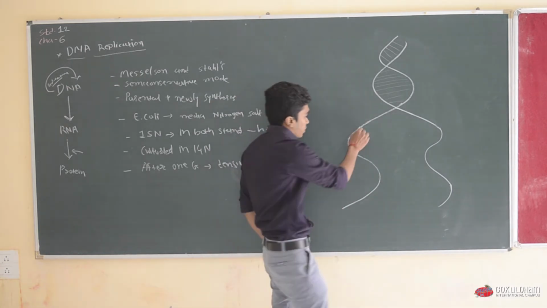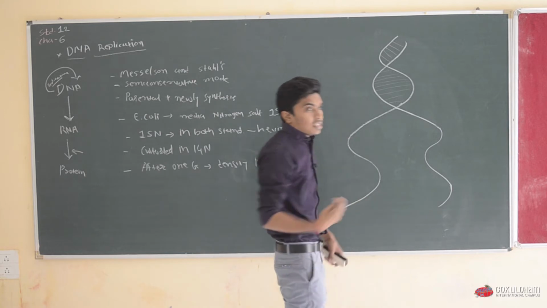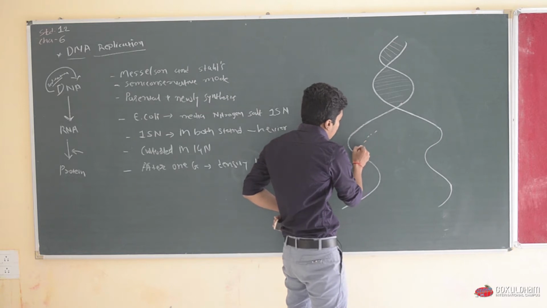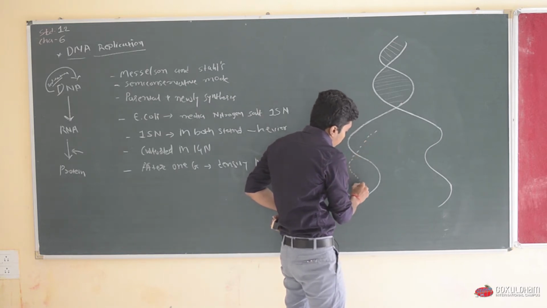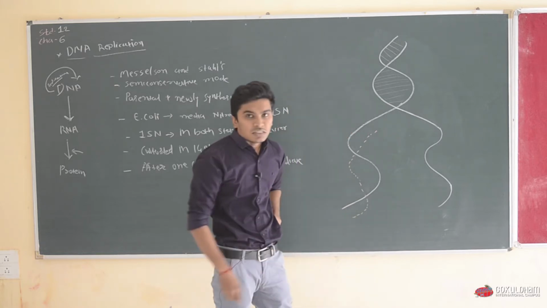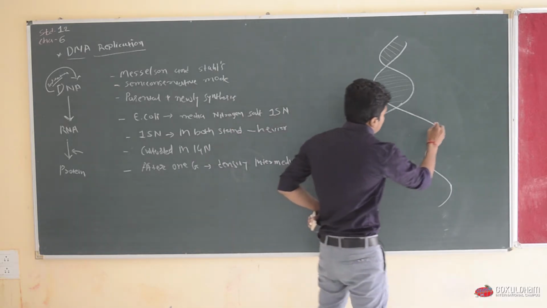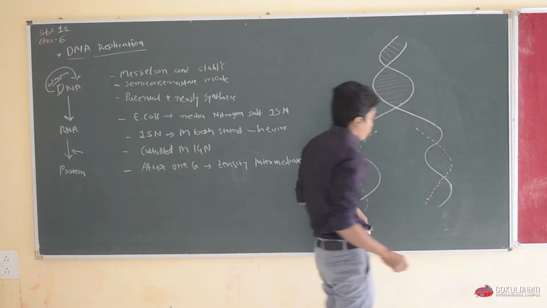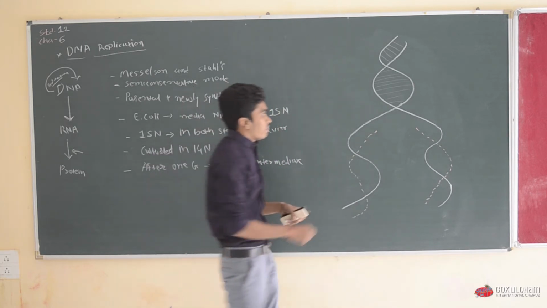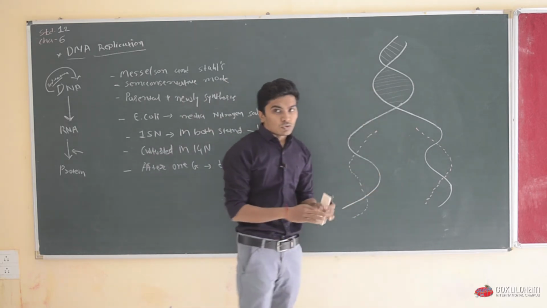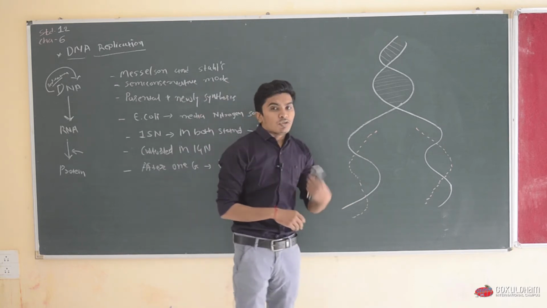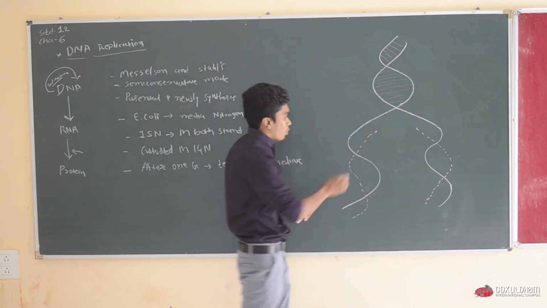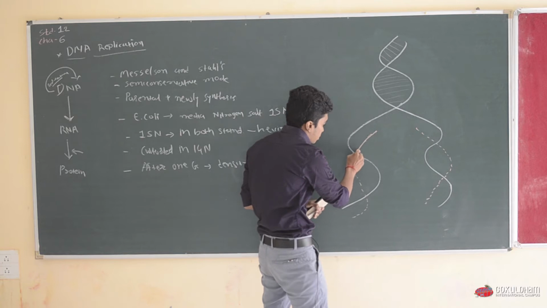They said that when we separate the DNA molecule into two strands, both strands make their complementary copies and form a double helical structure again.